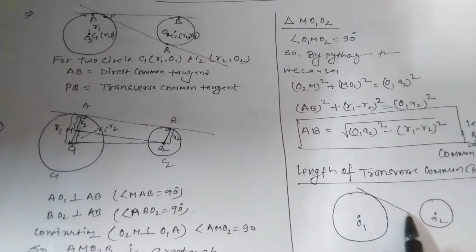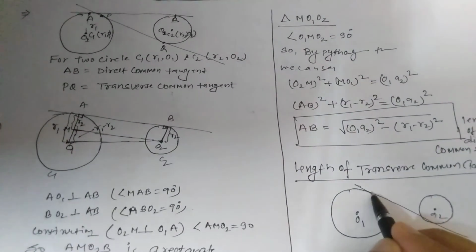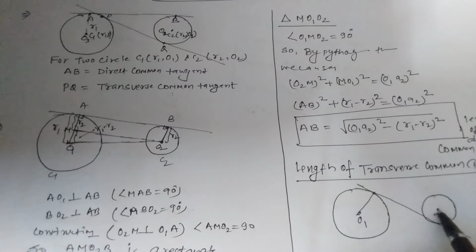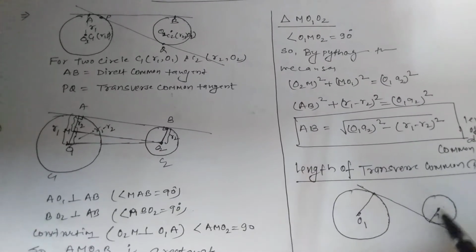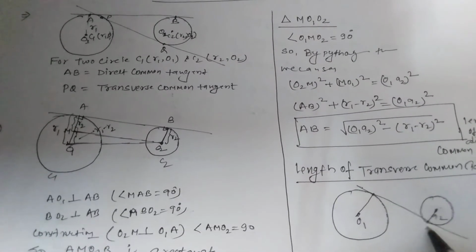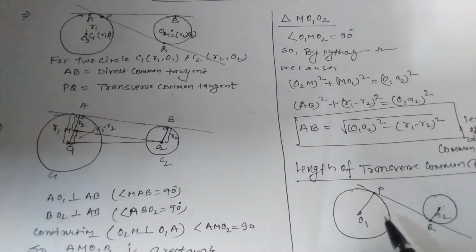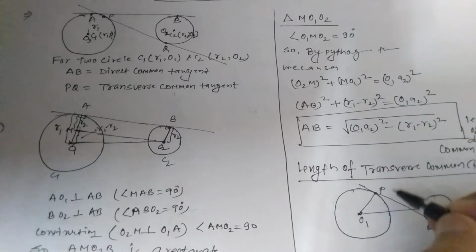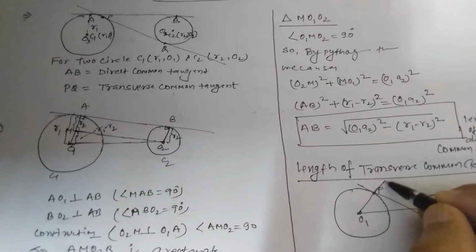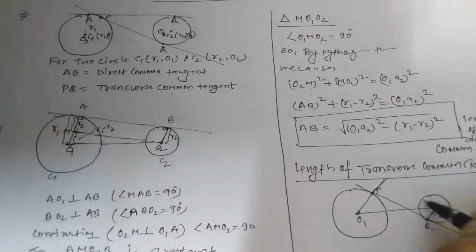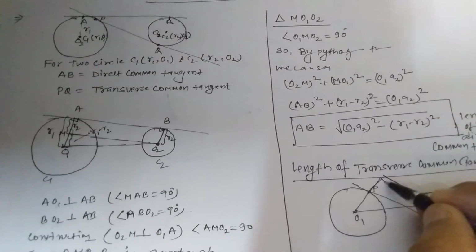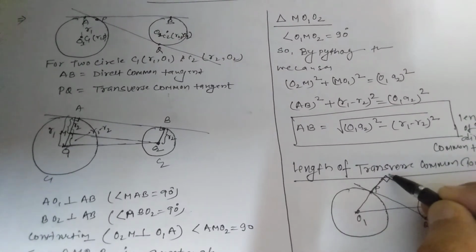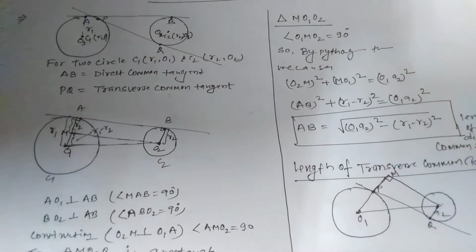Let us draw a line like this, and this, right? So this is Q, this is P, right? So this is the distance between the centers. So by construction, we can extend this line and join using this line, and this angle is 90 degrees, this point, let's say M, right?